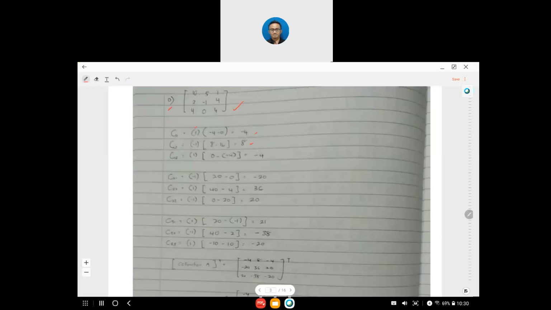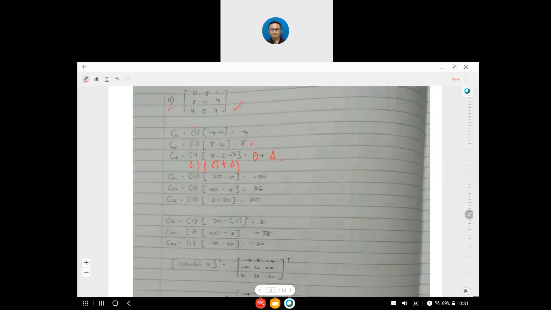Cofactor 1, 3, you can get 0, this one is 4, not -4. Okay, this one only 4 because 0 minus 4, so it becomes plus. So 0 plus 4. Outside is 1 only. So you can get 4, not -4.